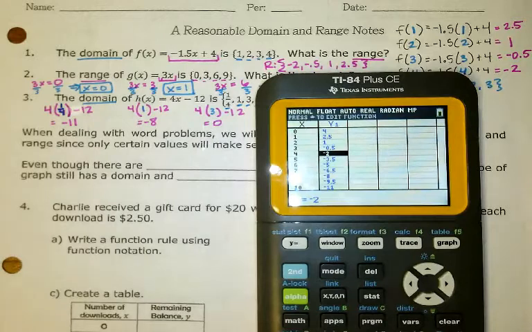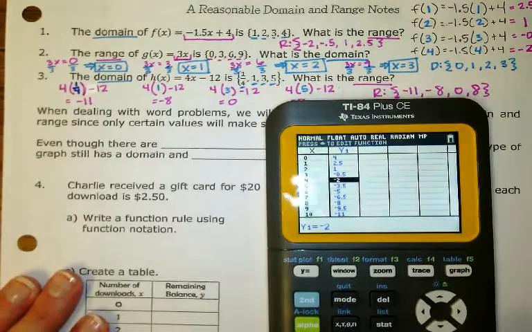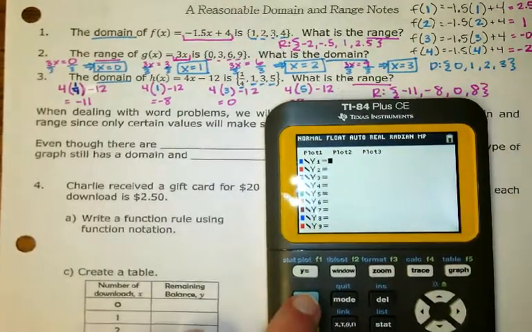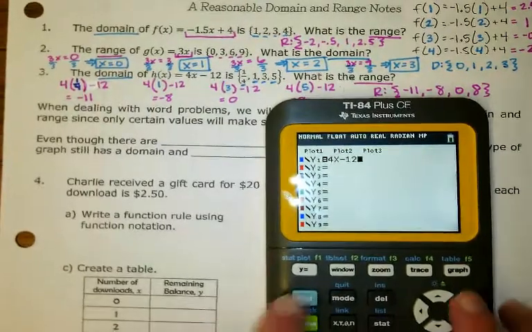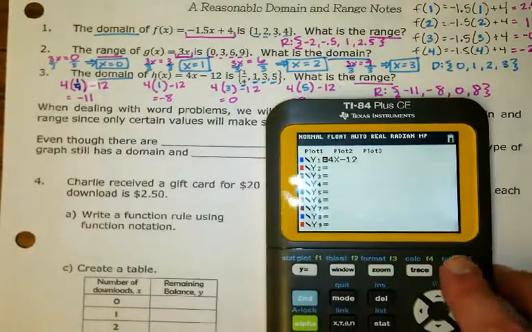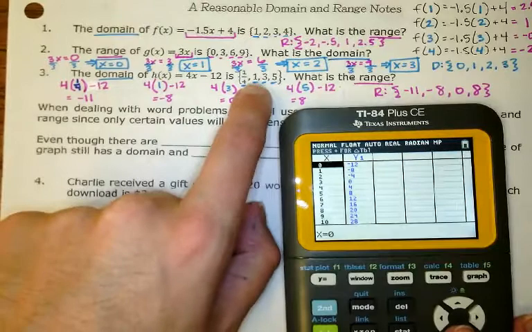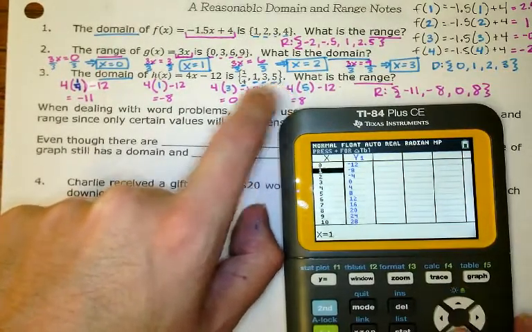Now this is super great if everything in your domain is whole numbers, right? But look down here, if we did the same thing on number 3, and we went back to our y equals and cleared it out, and wrote 4x minus 12, and hit second table, well sure, it gives me the values for 1, 3, and 5, but does it give you the x value of 1/4?